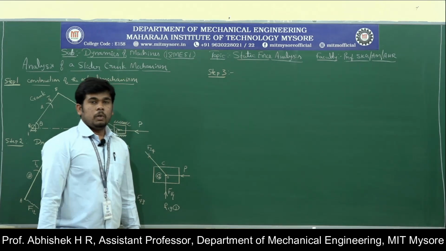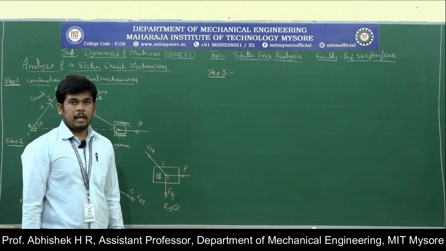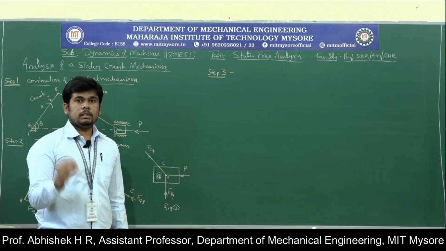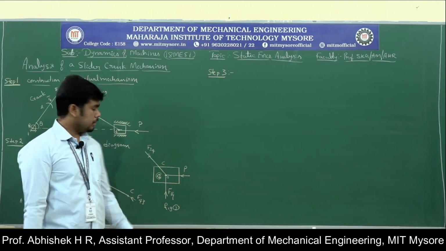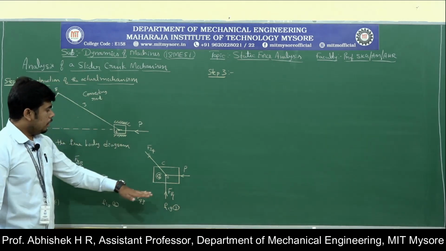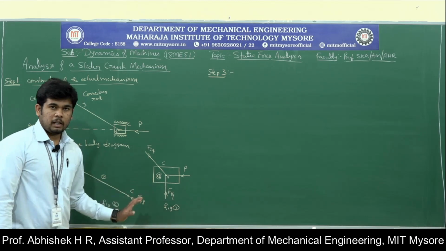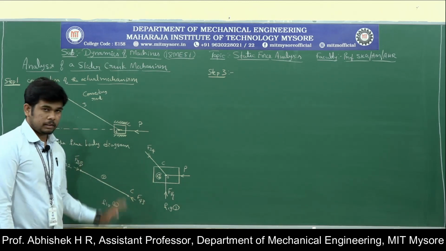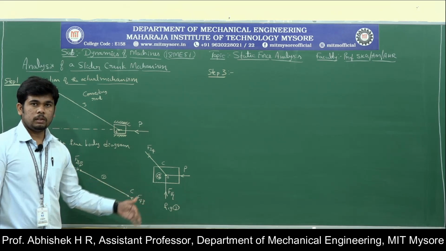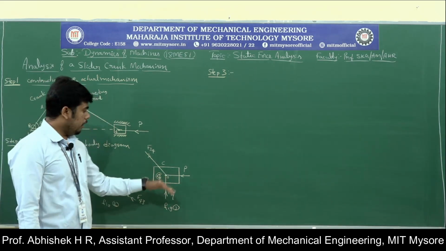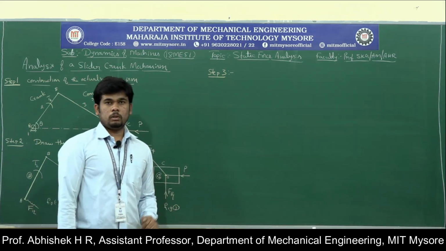Step 3. Here we need to analyze the forces acting on the links. I have drawn the free body diagram and I have shown the forces acting on the links. Now I need to find those forces.